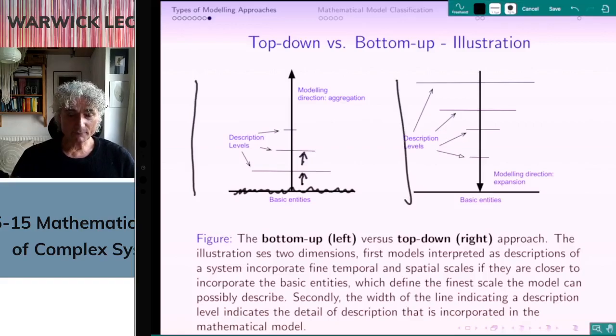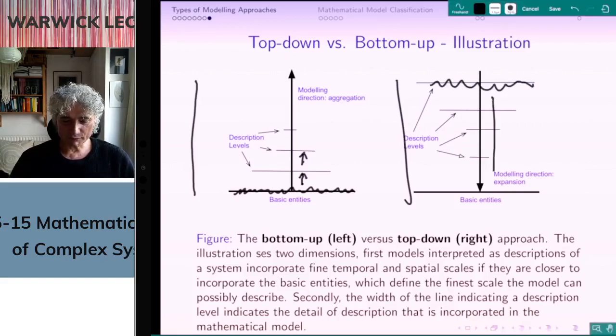Here you do exactly the opposite, as I explained with the Einstein field equations. You go with a detailed description. You start with a detailed description of the aggregated variables. So that would be, in this case, the starting point here. And then you go to finer and finer scales.